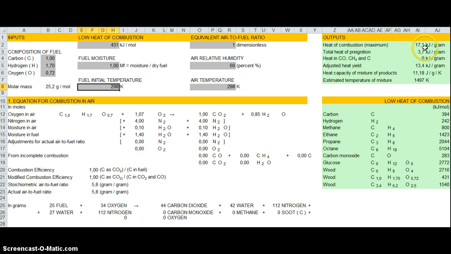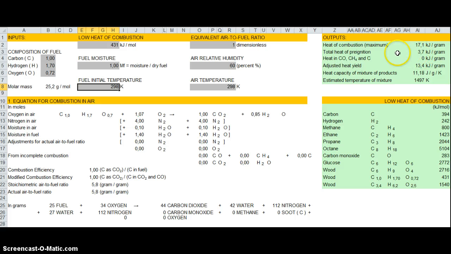And so the difference between these two values, 17.1 and 3.7, is the adjusted heat yield, 13.4 kilojoules per gram of fuel. So it means that you reduced by 20% the heat released of this fuel by increasing fuel moisture. And this is very significant, and it has lots of effects in the processes that are related with fire.